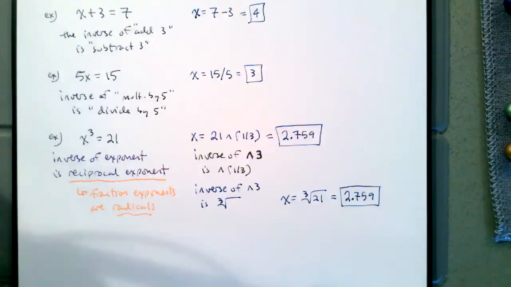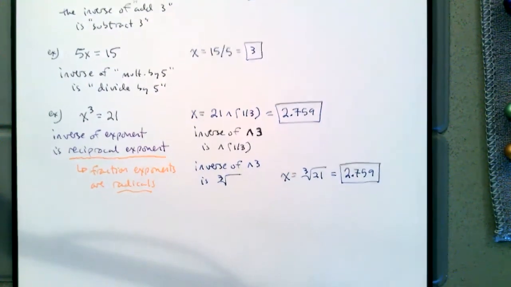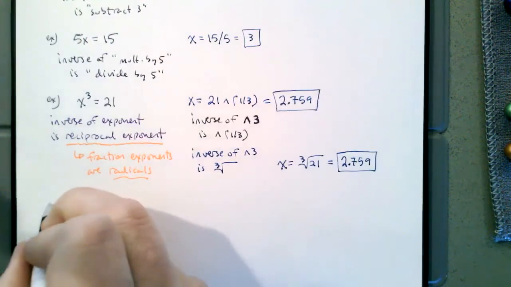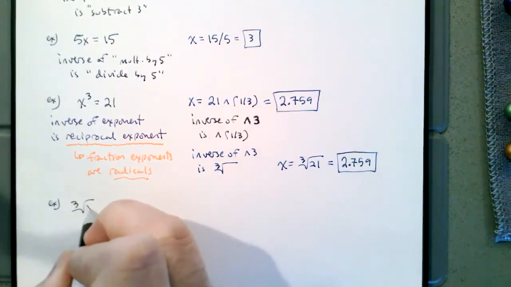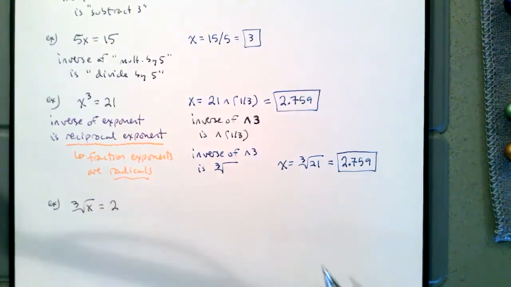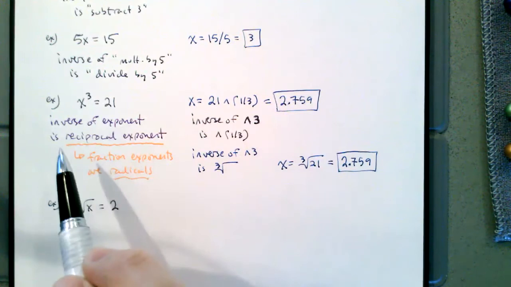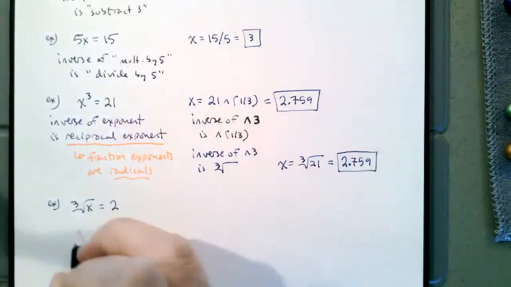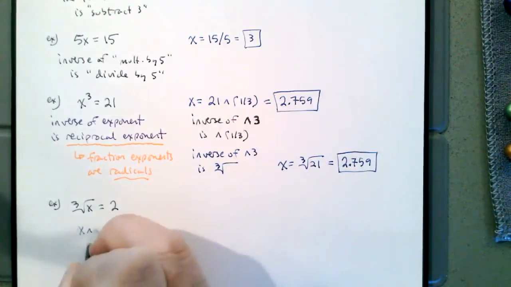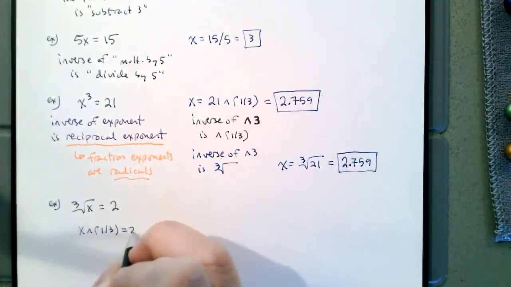So we're starting to fill in some of the weirdness. If I have an equation that says, for example, the cube root of x is equal to 2, we know that a cube root is a 1/3 power, and so we can use the general rule. The inverse of an exponent is a reciprocal exponent. I can read the cube root of x equals 2 as the equation x to the 1/3 is equal to 2.